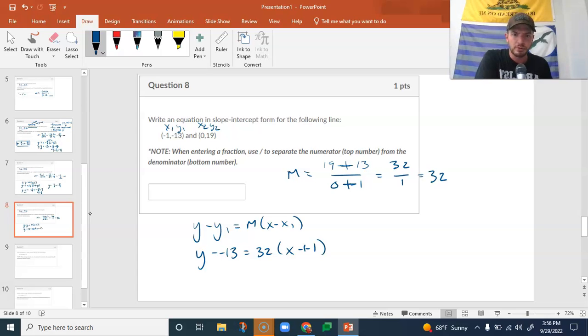Both of these again become plus positives. Distribute your 32. Y plus 13 equals 32x plus 32. Subtract 13 from both sides, and you're left with y equals 32x plus 19.